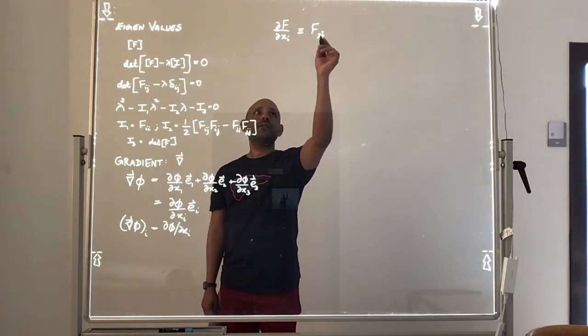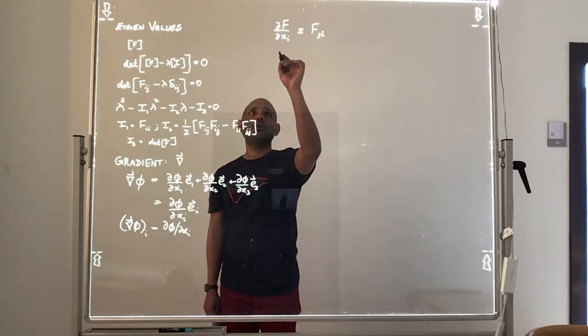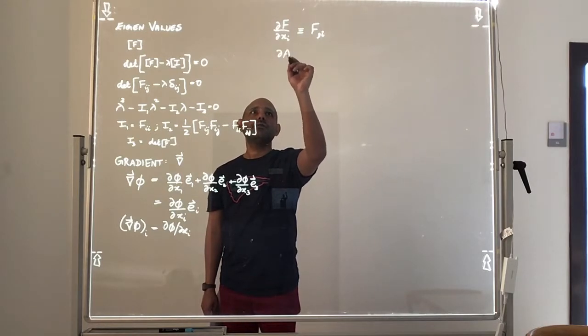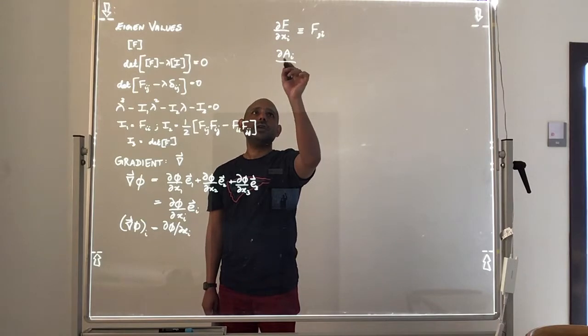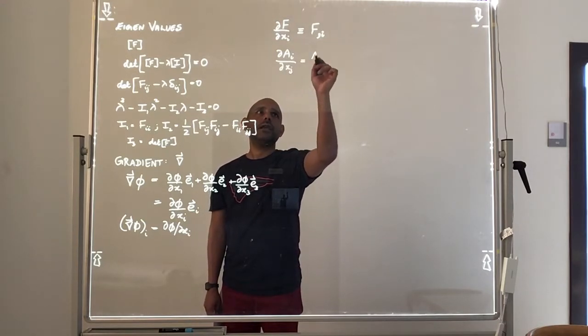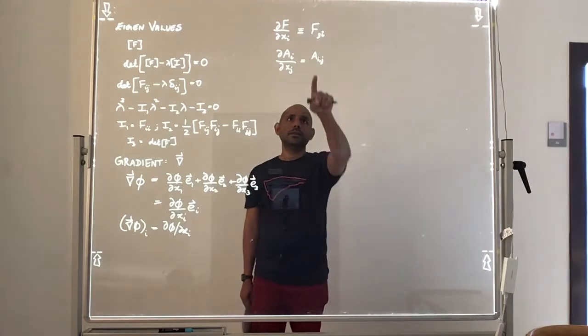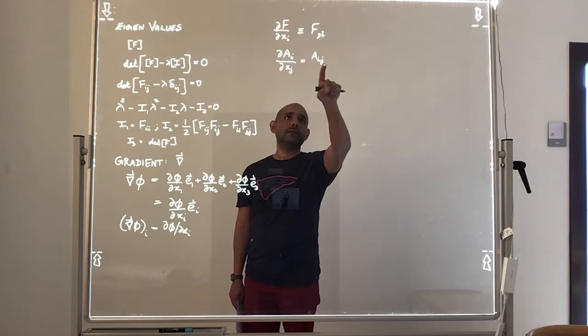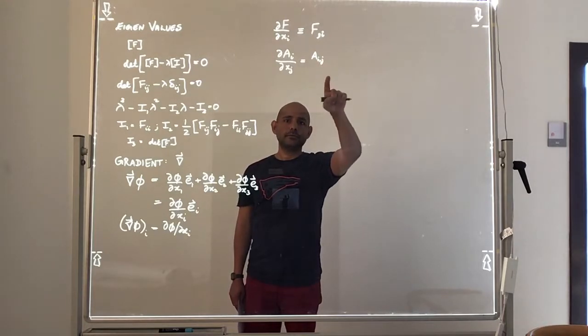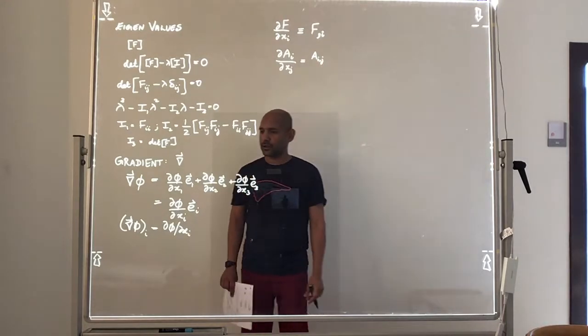If it's a scalar, there's nothing before the comma, but if you had a vector, dai by dxj is now ai comma j. So it's the derivative of ai with respect to xj. It's just another short form.